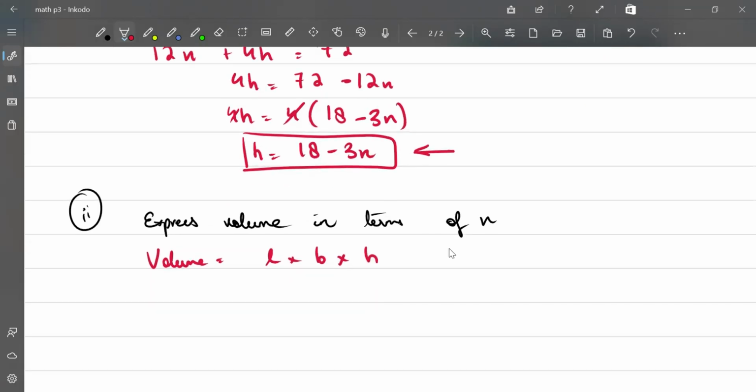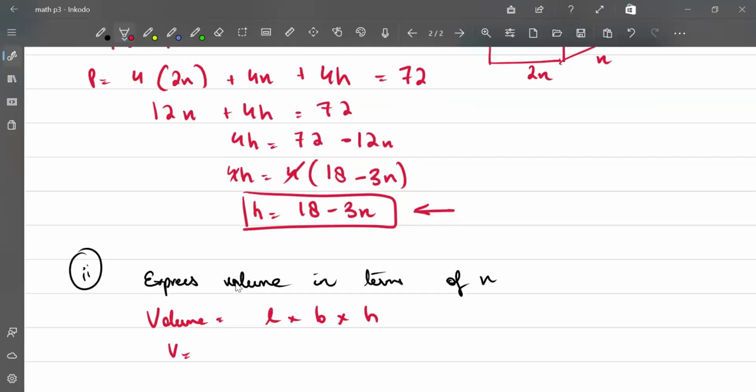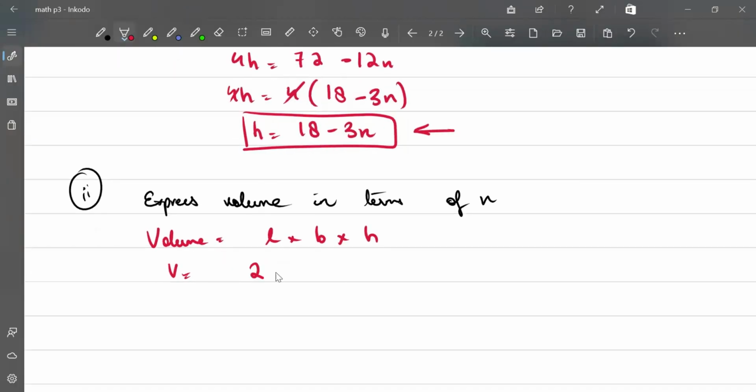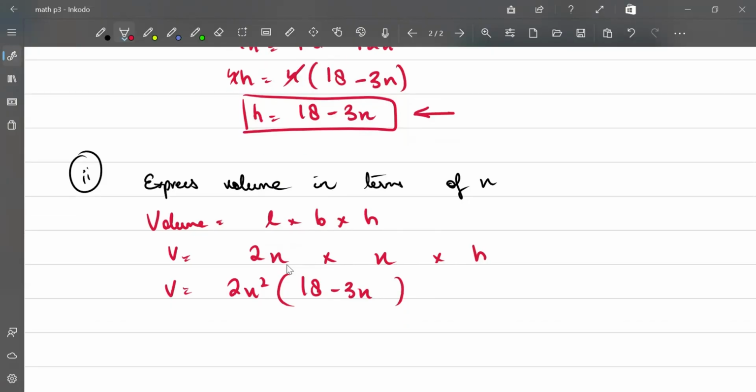So volume is going to be 2x into x into h, which is 2x square into h. We know that h is 18 minus 3x, so volume is going to be 36x square minus 6x cube. So this is the volume.